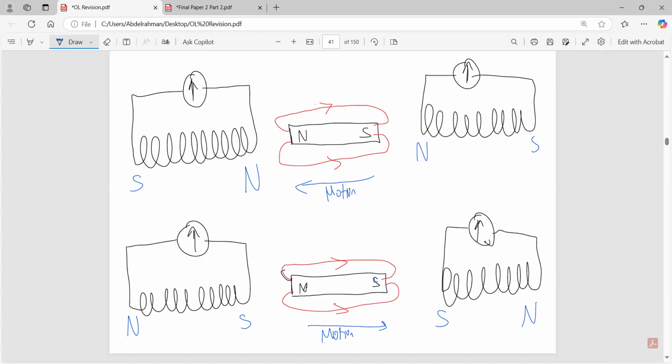So let's open up paper 4, paper 4 part 2, on electromagnetic induction.